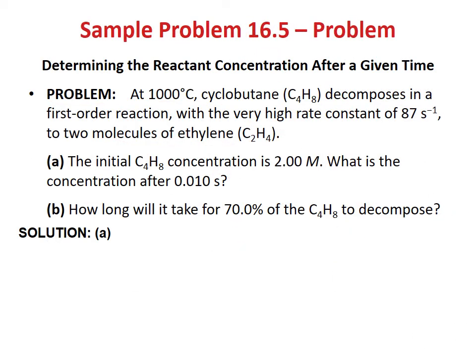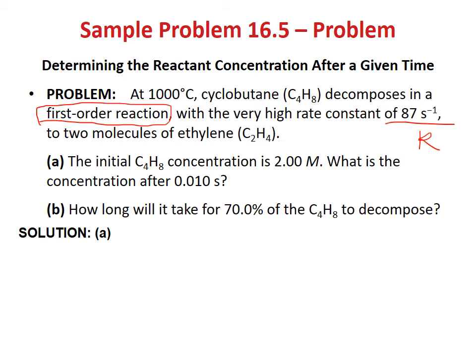Sample problem 16.5. At 1000 degrees, cyclobutane decomposes in a first order reaction. This is a keyword, first order reaction, with a very high rate constant K, to 2 molecules of ethylene.